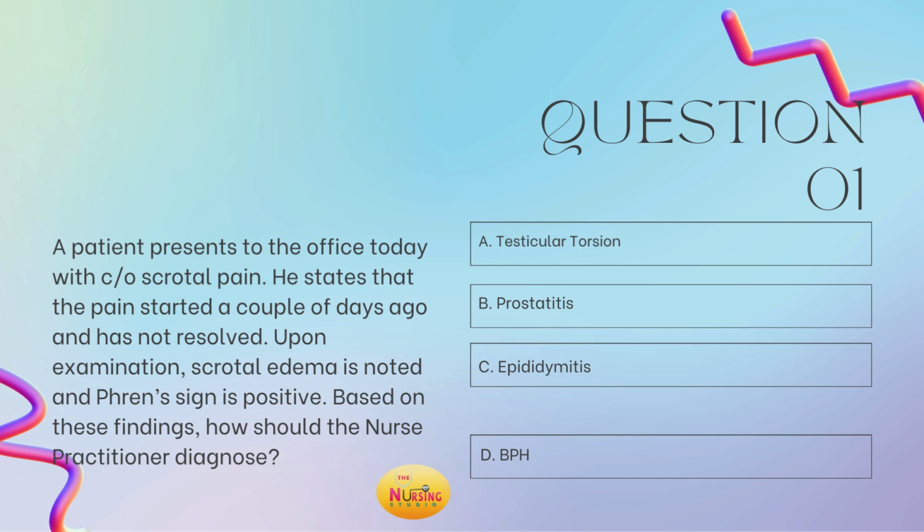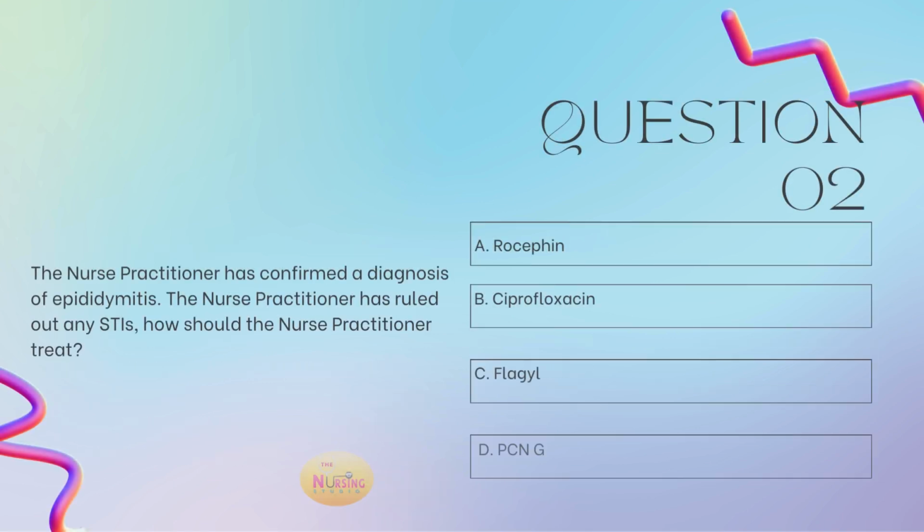So we know testicular torsion and epididymitis are the common things that present with scrotal pain. But conducting Prehn's sign lets you know how to differentiate, right? So with epididymitis, the Prehn's sign is positive here, so the best answer is C, epididymitis, okay? Prehn's sign is positive.